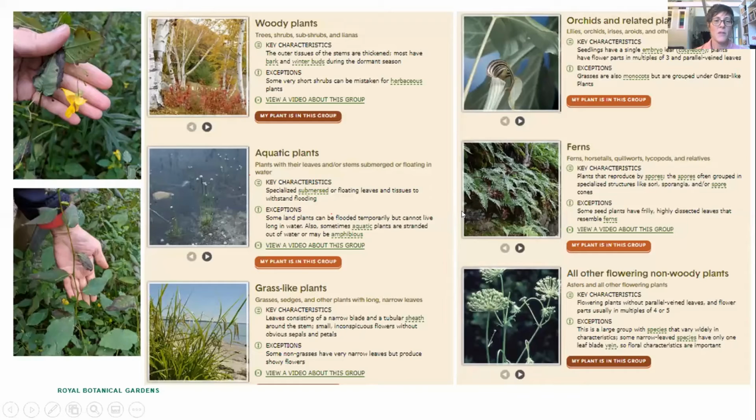All right, so the first thing that Simple Key asks you is what category your plant fits in. Is it a woody plant, an aquatic plant, a grass-like plant, orchids and related plants? Is it a fern, or is it all other flowering non-woody plants? And if you're not sure what characterizes each one of these groups, they put a quick summary definition up on top, and then it lays out the key characteristics for them.